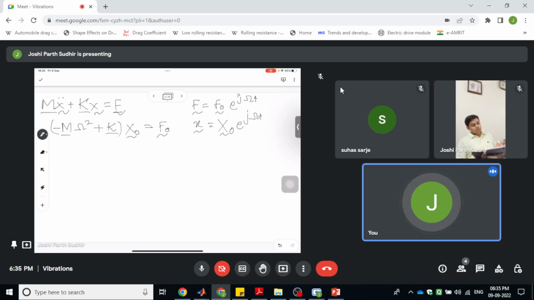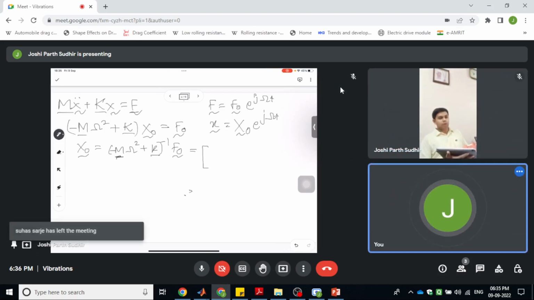To find out the amplitudes of the displacements x naught, we have to find out minus m omega square plus k inverse into F naught. So we have to basically find out the inverse of k minus m omega square.